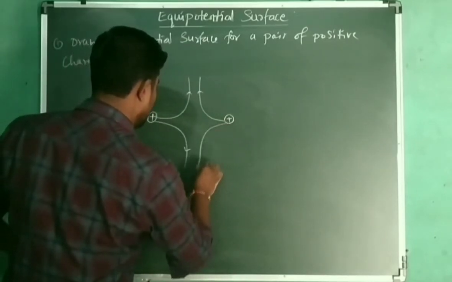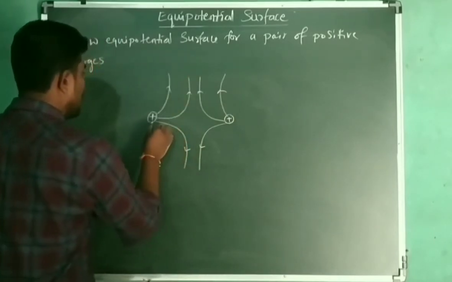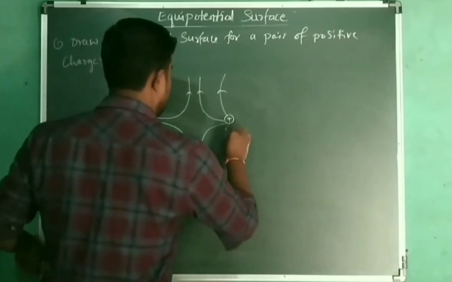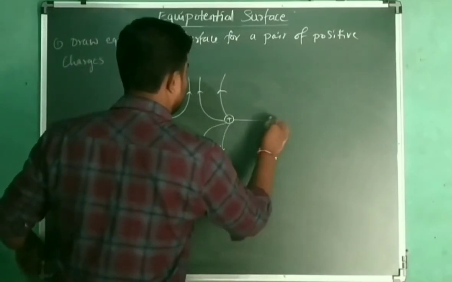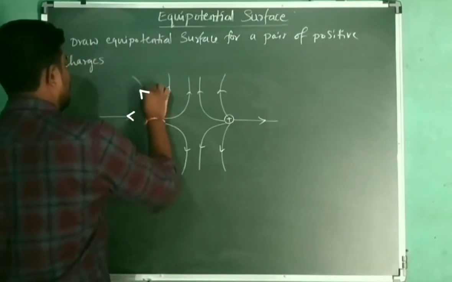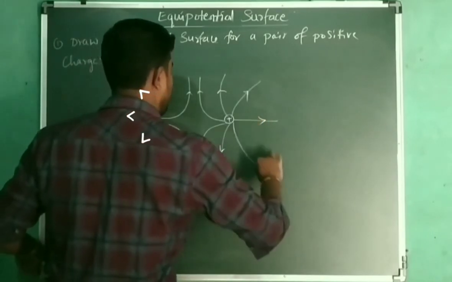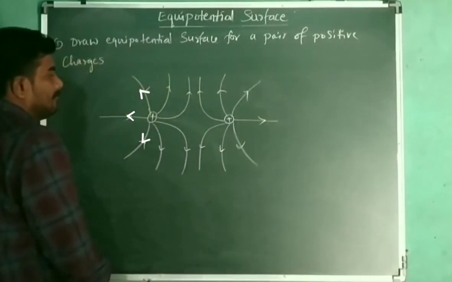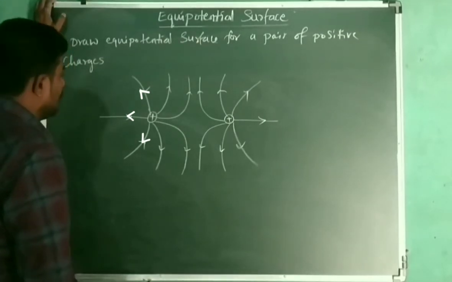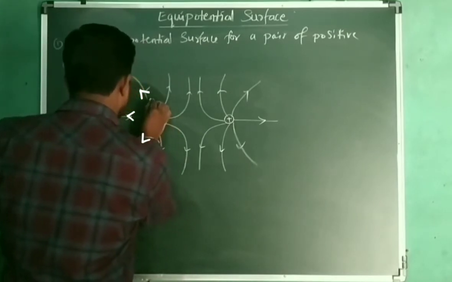See, these are electric field lines, and electric field lines are radially outward like this. So for this, the equipotential surface will be like this.